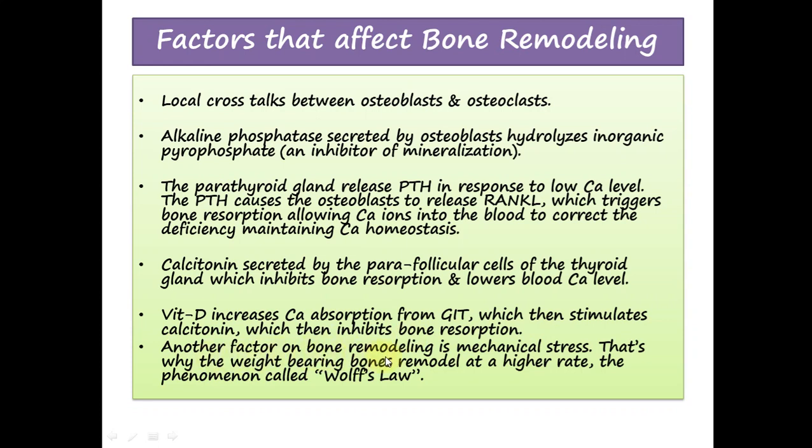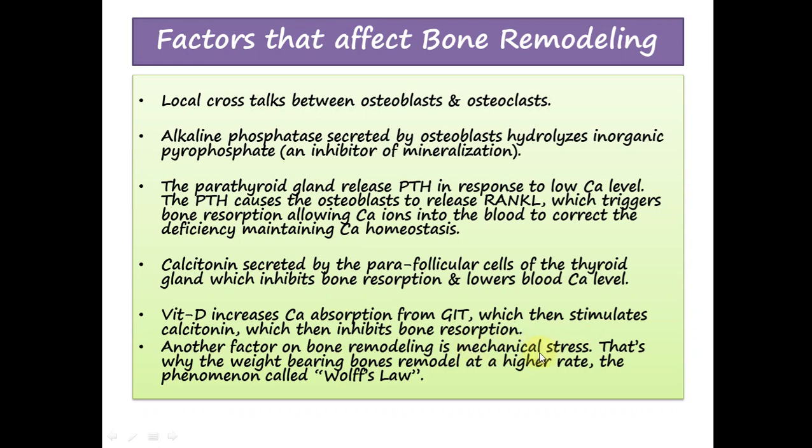Another factor in bone remodeling is mechanical stress, and this is the reason why people, particularly in the modern era, in the lack of exercise, have very poor bone density. Optimum bone mass is formed from 20 to 29 years, and people who do not exercise and are not subjected to mechanical stress have poor mean bone mass.